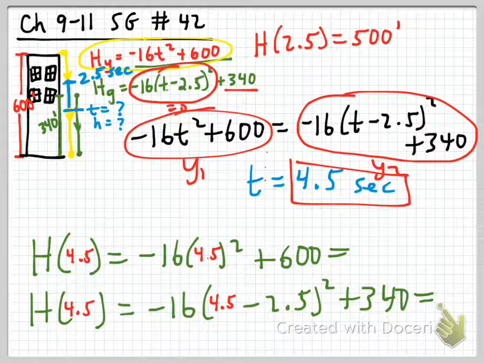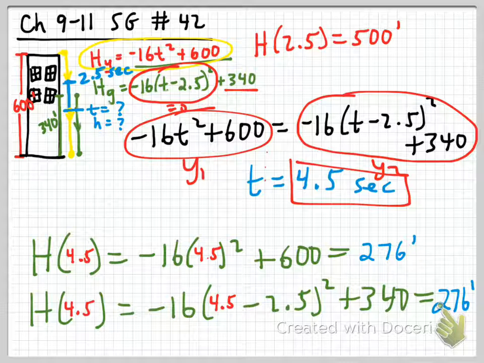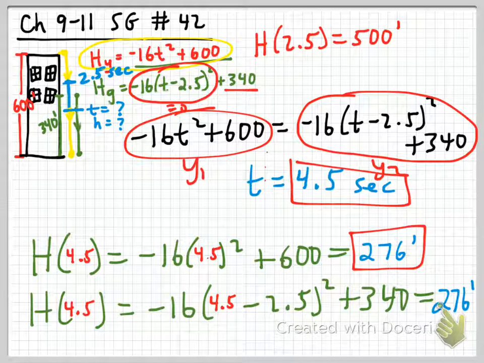So I can calculate intersection, enter, and we get 276 feet high, and 276 feet is our answer for how high the two balls are at that 4.5 second mark. In fact, at 4.5 seconds, the yellow ball catches the white ball, at 276 feet high. That's it.